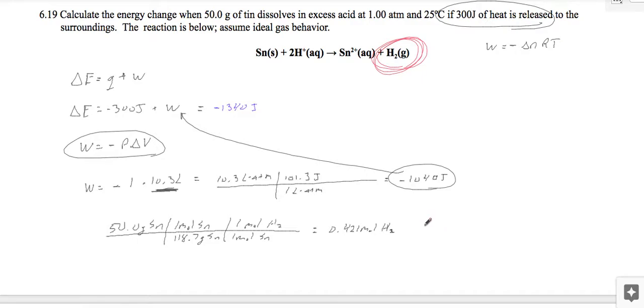And we can plug that into this. 1 times volume is equal to 0.421 times R times 298. And volume comes out to be 10.3 liters. So this right here is the moles that we plug in to the ideal gas law.